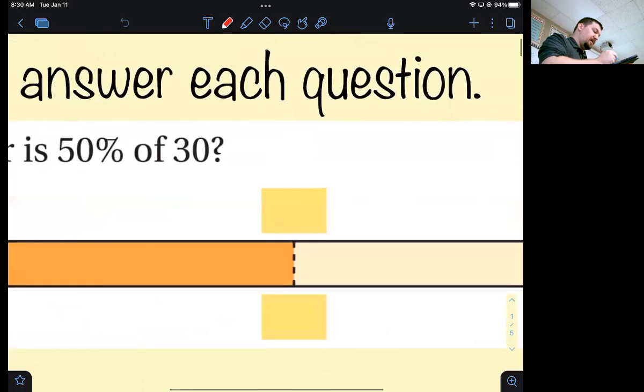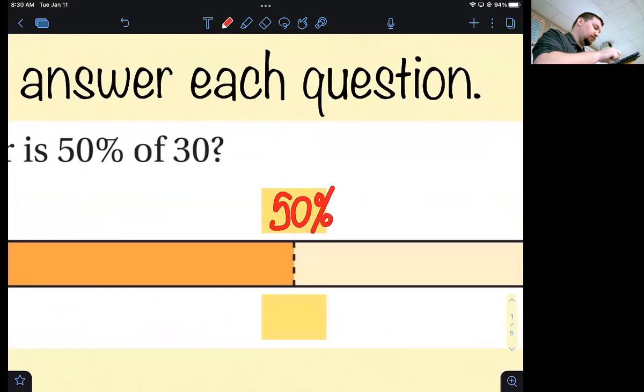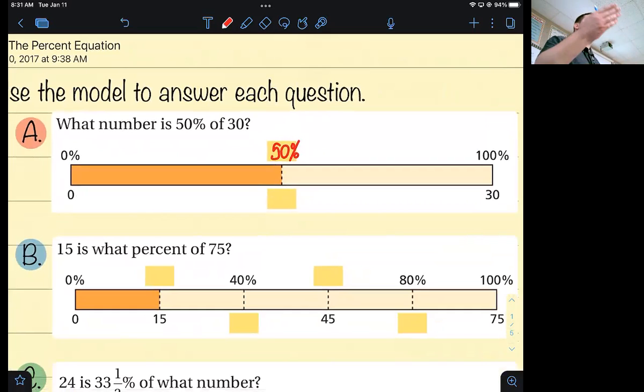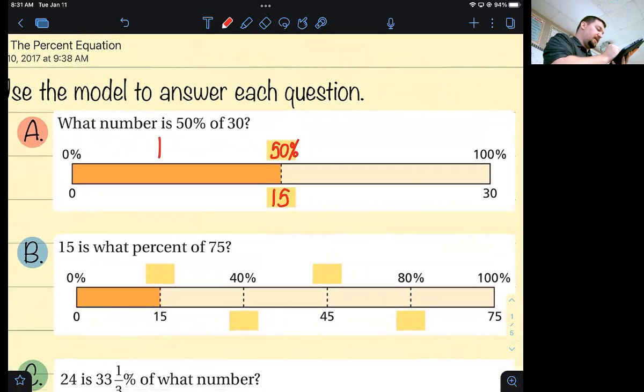So that top box right there is 50%. Now, Frank knows that 50% is 1/2. So he thinks, what number is 1/2 of 30? 15. That's exactly right. So our answer to question A is 15. And that's how you would use a model to show that it's 50% or half of 30.